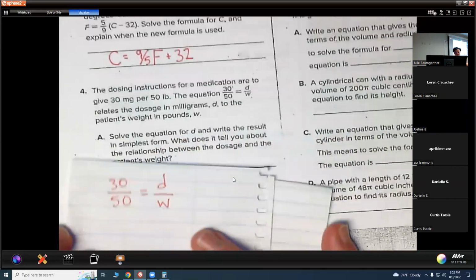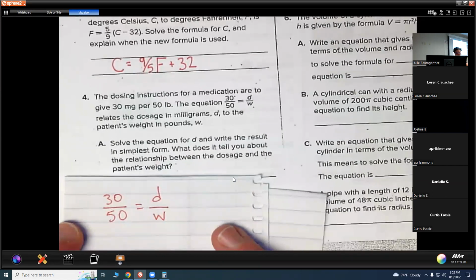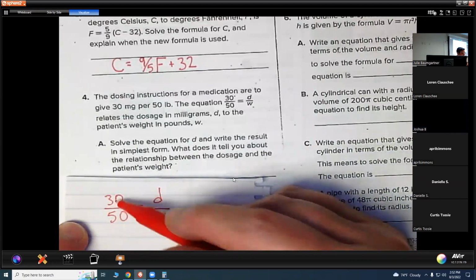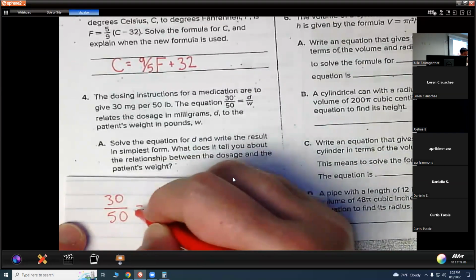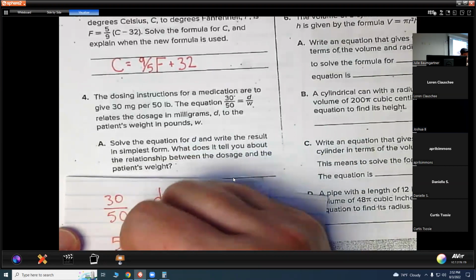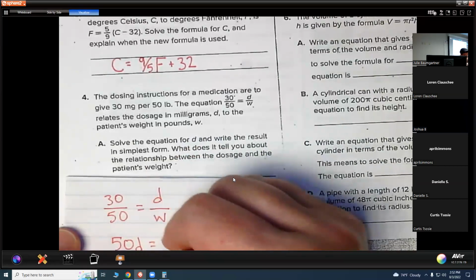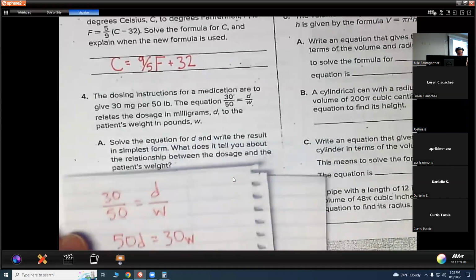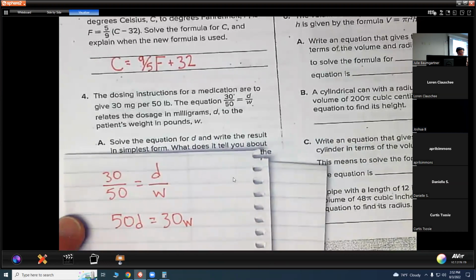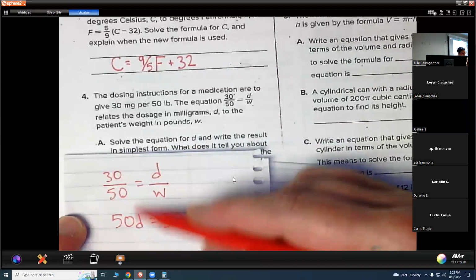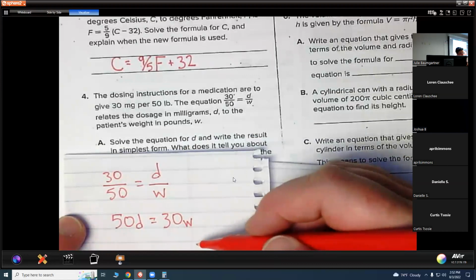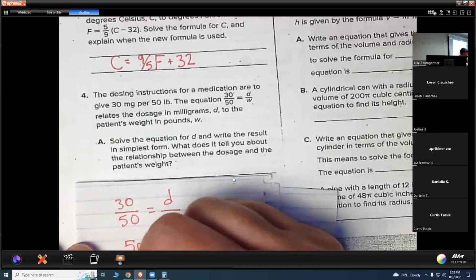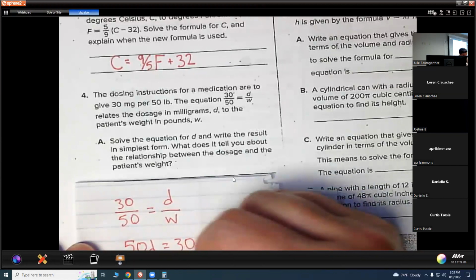Now, if you've been in our Monday, Thursday morning class, you might be familiar with this. When we have it set up like this, we cross multiply. So 50D equals 30W. It's cross multiplying, so 50 times D is 50D, 30 times W is 30W, and then we're solving for D, so I should divide both sides by 50.